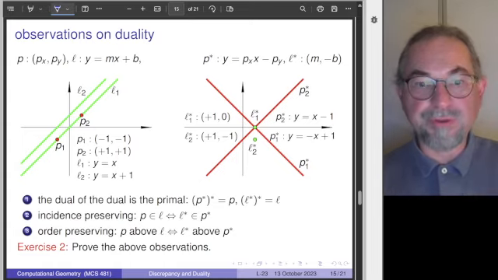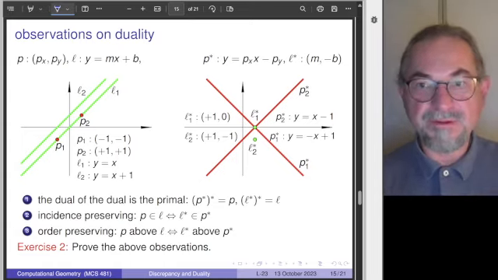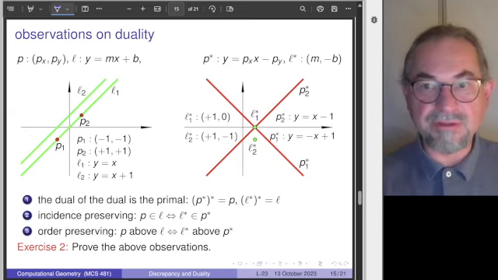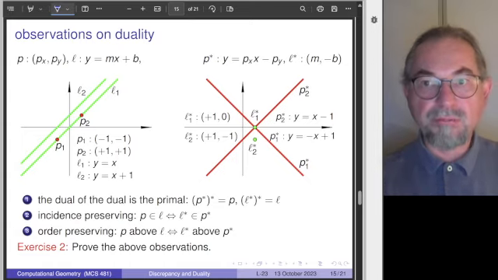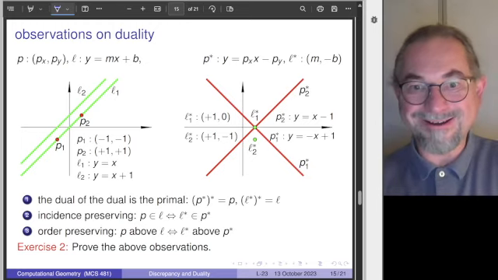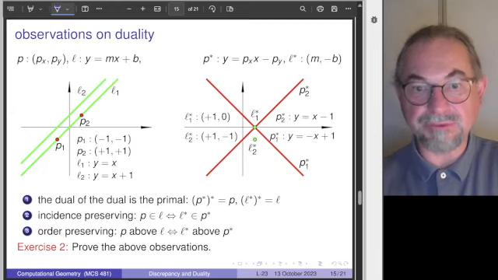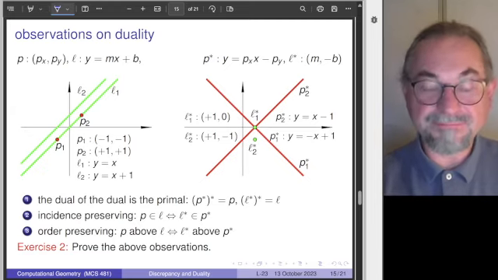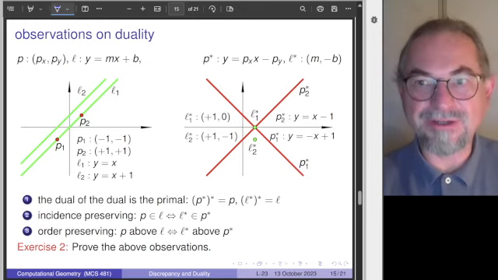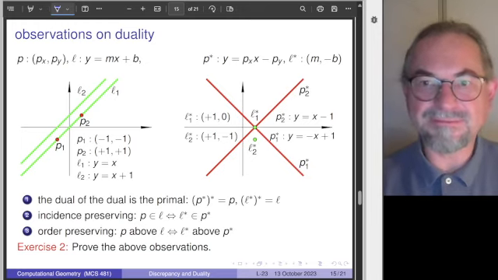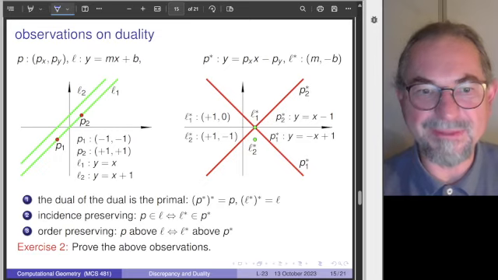So if a point is above a line, then the dual of the line is above the point. So you see, we can translate the problem of counting points in a half plane into counting lines. I will try to explain this in a minute.